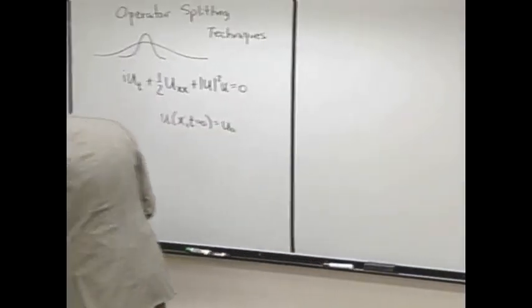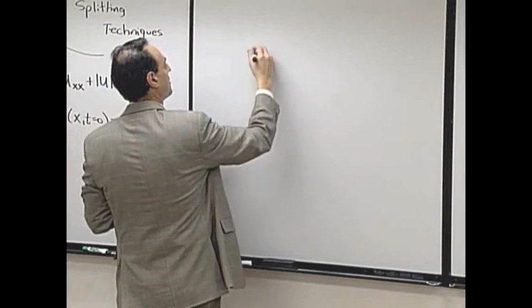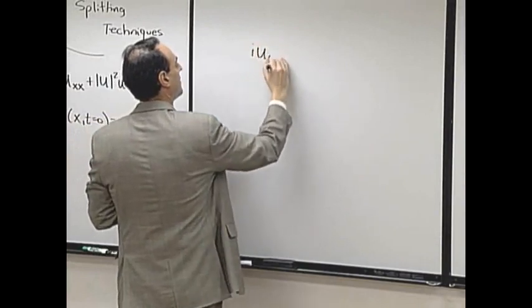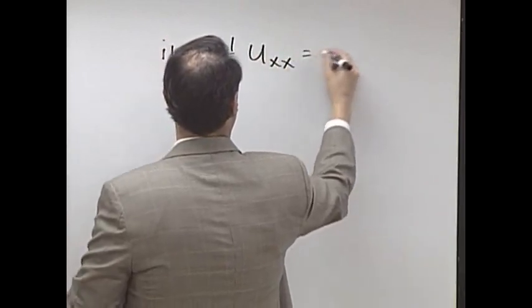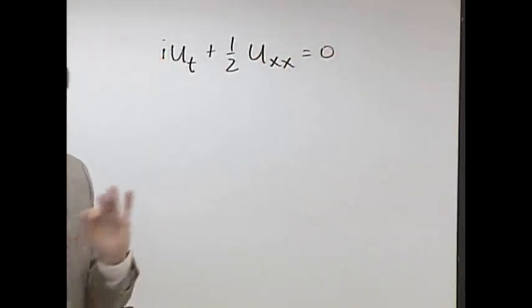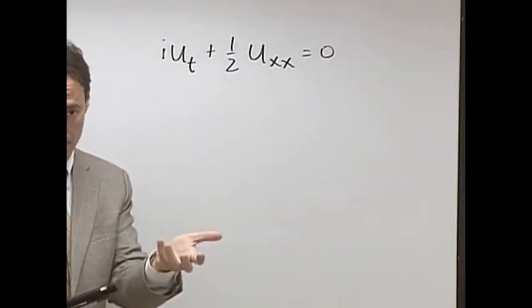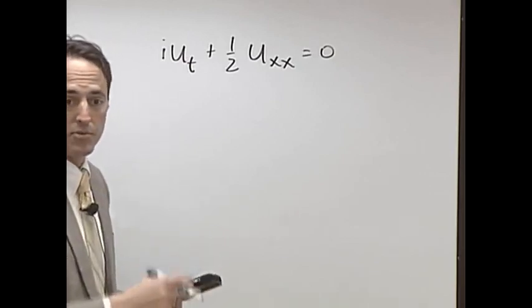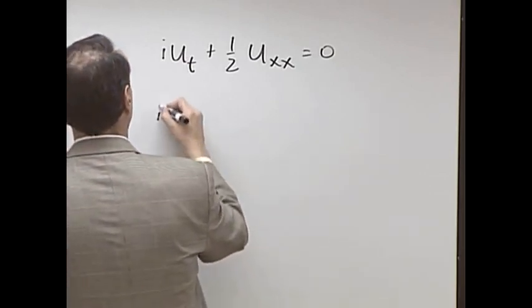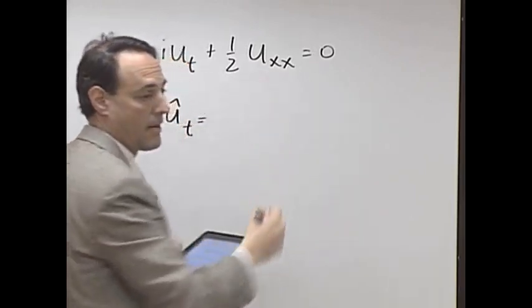So for instance, think about what I got here. Let's think about the first part, which is just, let's ignore that nonlinear term and look at something like this. This is just dispersion. The nice thing is I can solve this very nicely using Fourier transforms. So if I Fourier transform both sides with respect to x, here I get a minus k squared.